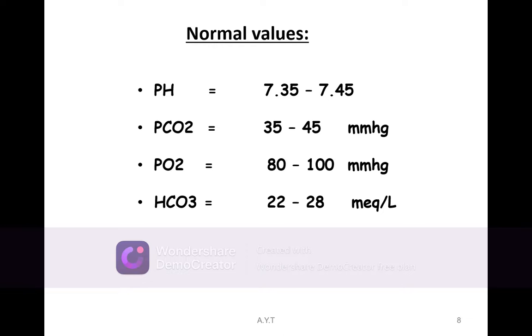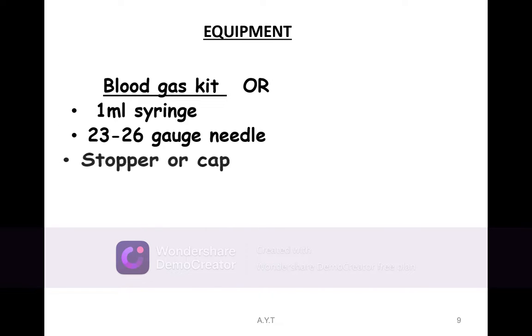But it is not actually a component of the ABG. But you should know the potassium levels. I always stress to my students to go for the potassium levels also.